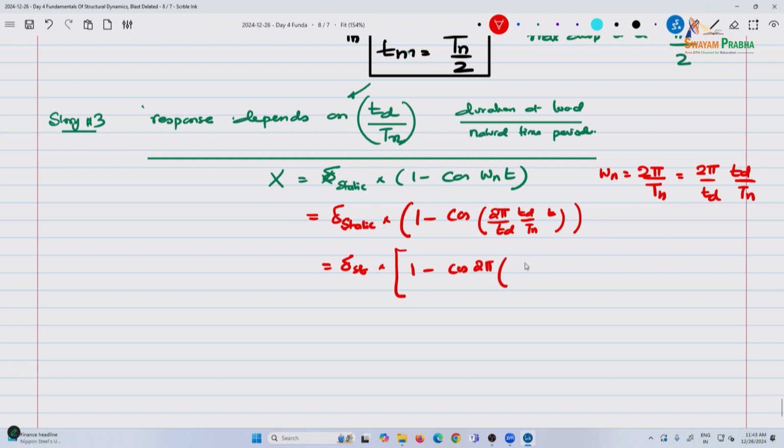Here I will put these expressions a little differently: Td by Tn multiplied by 2 pi by Tn, which is a constant, multiplied by time. So now you see the response depends on the ratio of the load duration to natural time period.